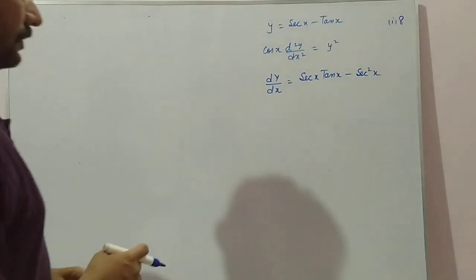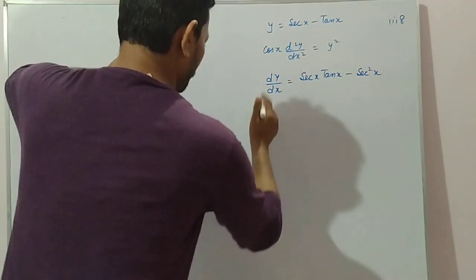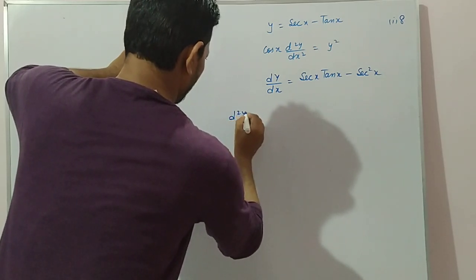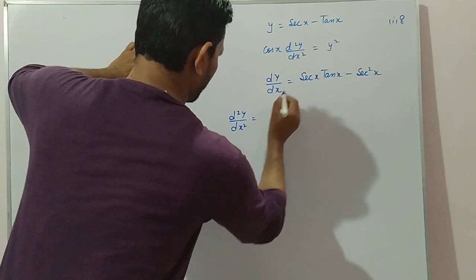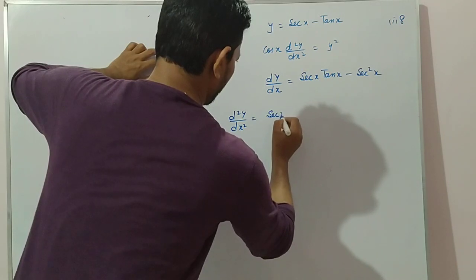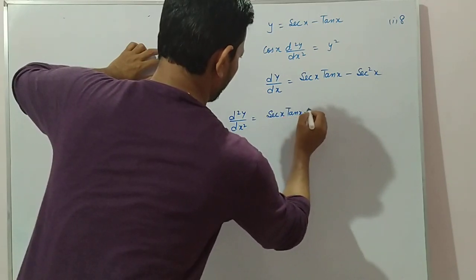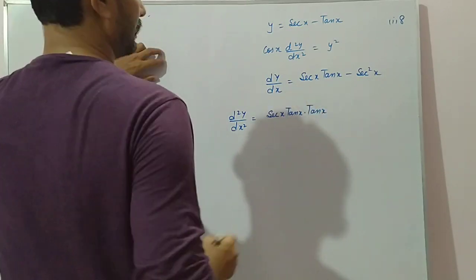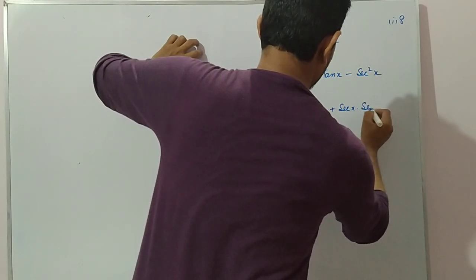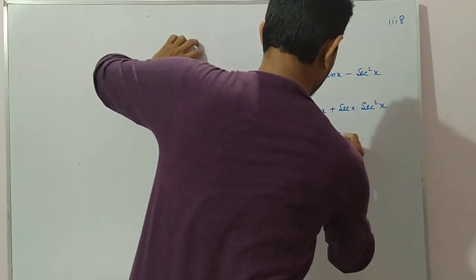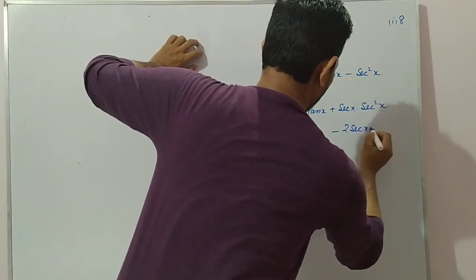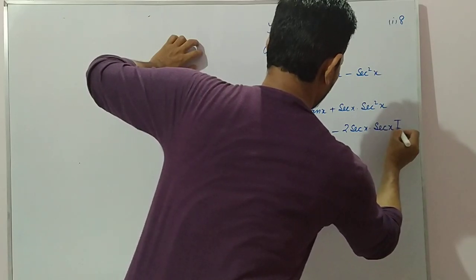Then once more we will differentiate. d2y by dx square: sec x differential is sec x tan x into tan x, plus sec x tan x differential is sec square x, minus sec square x differential, that is 2 sec x into sec x tan x.